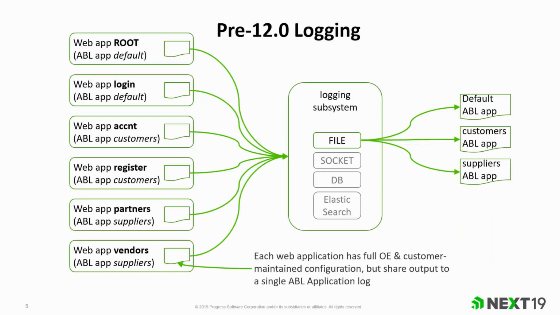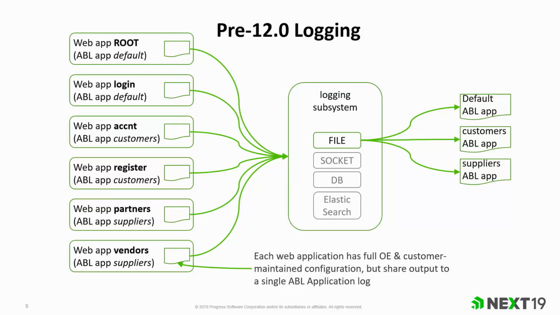Just to give you an example, this is a PASOE instance. It's got 3 ABL applications in it. Each of those ABL applications has multiple web applications. For example, the suppliers ABL app has a partners web app and a vendors web app.